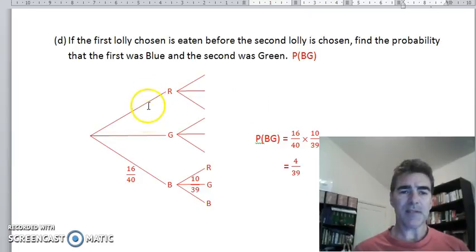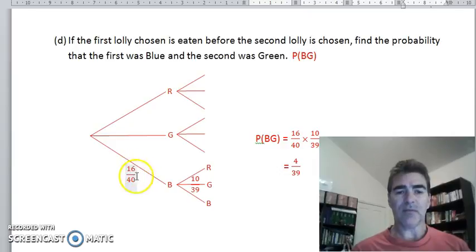So we can start off our probability tree again, red, green, blue in our three possibilities. And I'm choosing a blue first, so I've got 16 on 40 there. I haven't completed all the other parts up there because I don't really need them. I only want the blue first, and then I want the green.